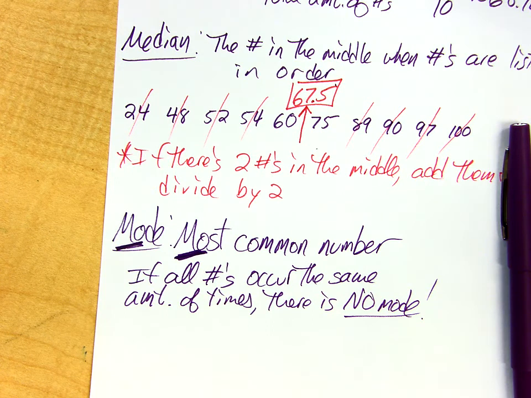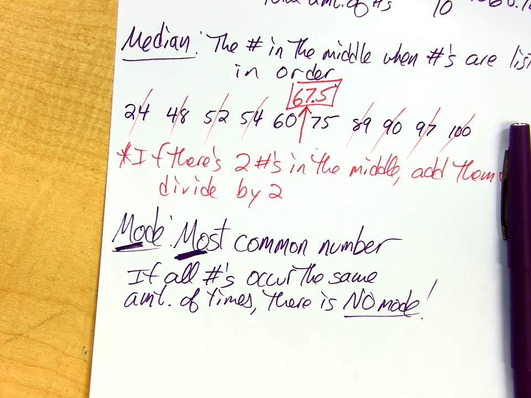What if I have two numbers that both occur the most frequently? So it's like a tie between two of them. What do you do? Does anybody know? You actually get to just keep both of them.